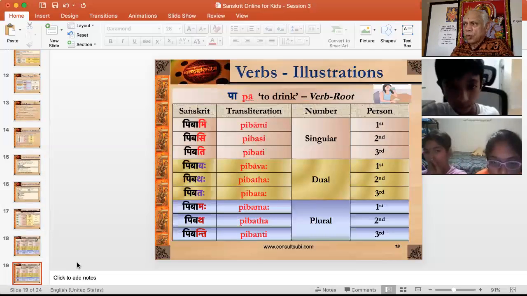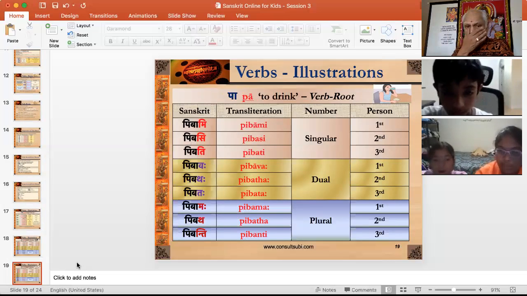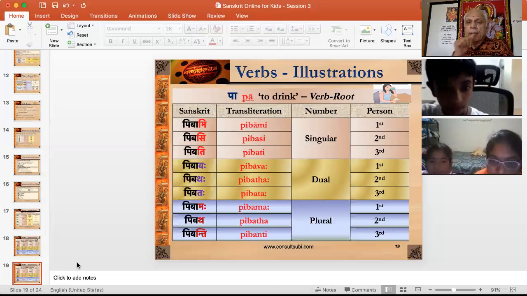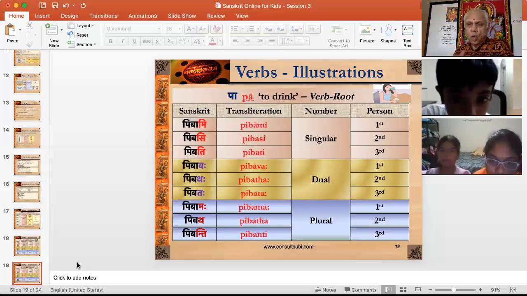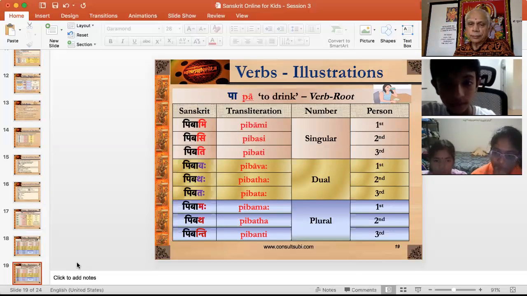Take another root called pa. Pa is to drink. That's a verb root. From that comes pibami, I drink. Pibasi, if Rishabh drinks Coke, he drinks pibasi. Pibati, he drinks. Third person, so pibati. Pibavaha refers to two people.